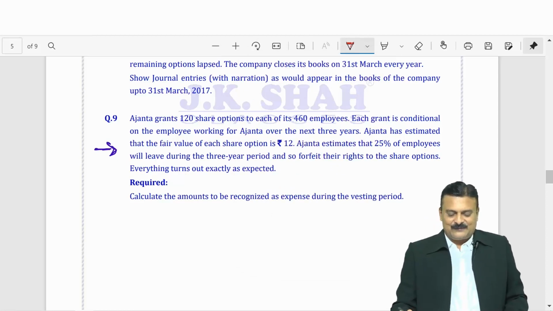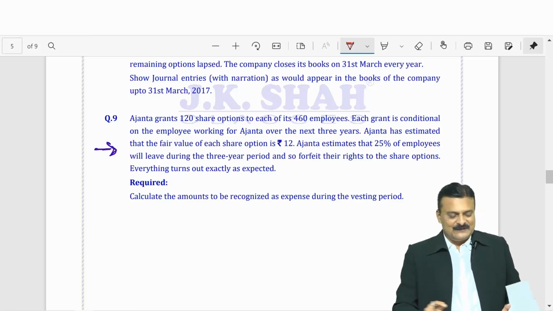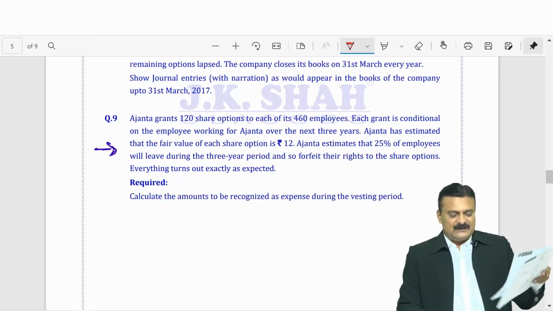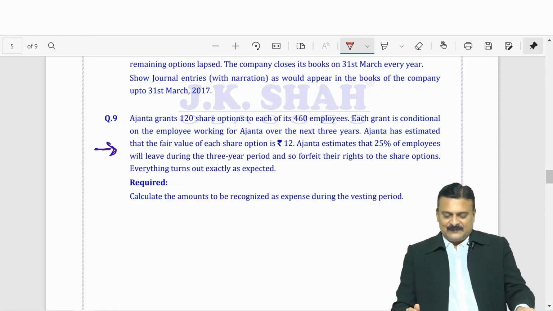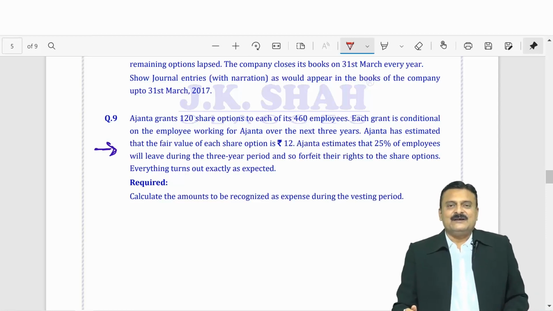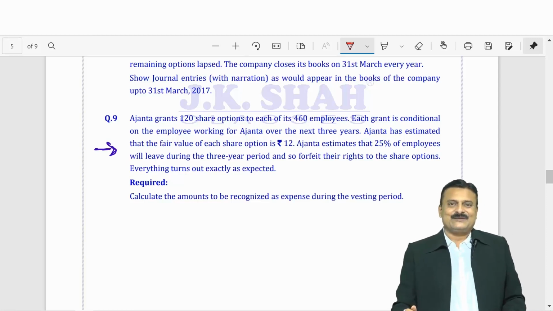Ajanta grants 120 share options to each of its 460 employees. There are 460 employees. Each employee is given 120 options. Each grant is conditional on the employee working for Ajanta for the next 3 years.